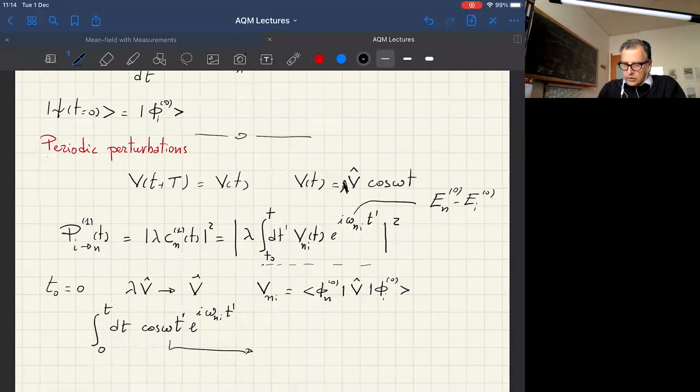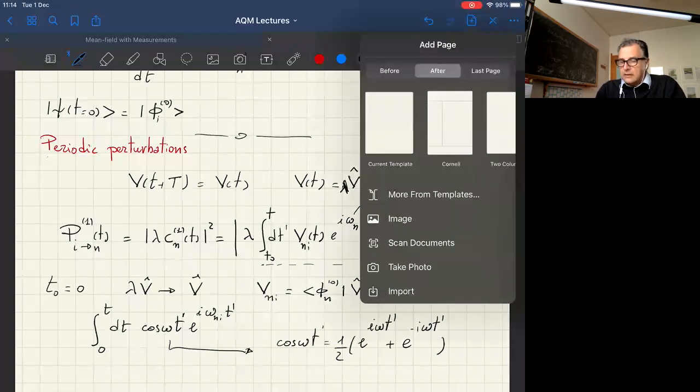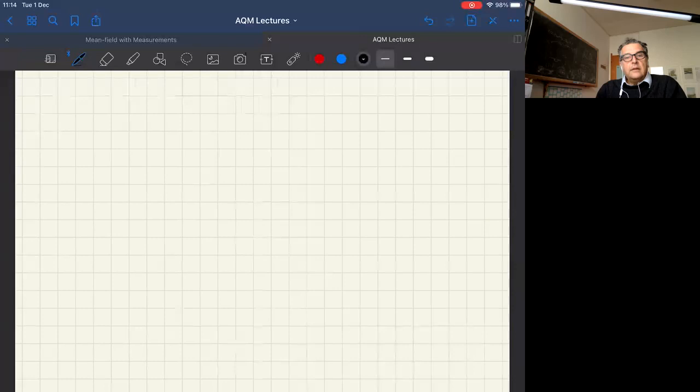What you do is just write down the cosine of omega t prime as 1/2 e to the I omega t prime plus e to the minus I omega t prime. Okay, so then the integral is very simple, and the result is the following.